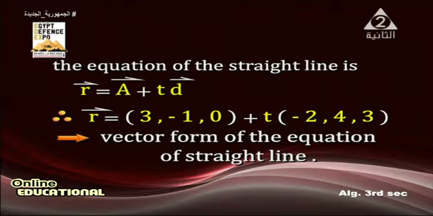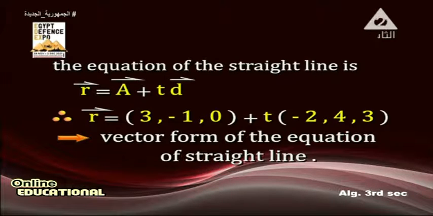Remember, my dear students, from this equation we can find the parametric equation of a straight line, but in this case the question requires the vector equation. When the parametric form is required, we replace R vector by (x, y, z). Therefore, x equals 3 minus 2t, y equals -1 plus 4t, z equals 3t.